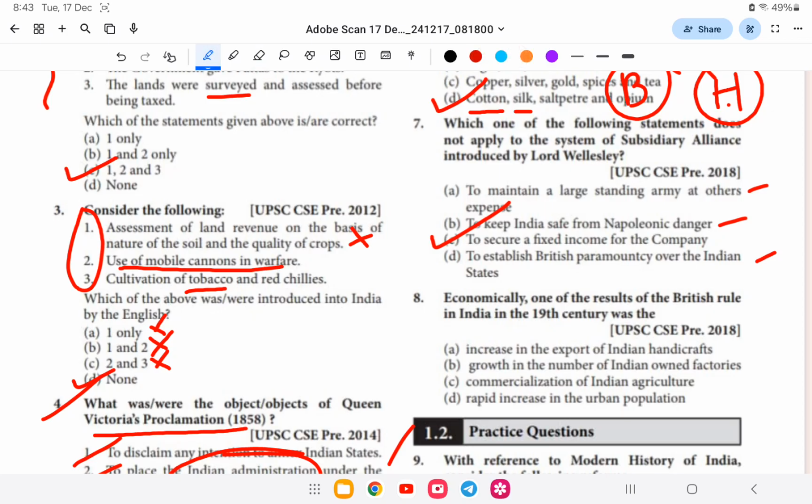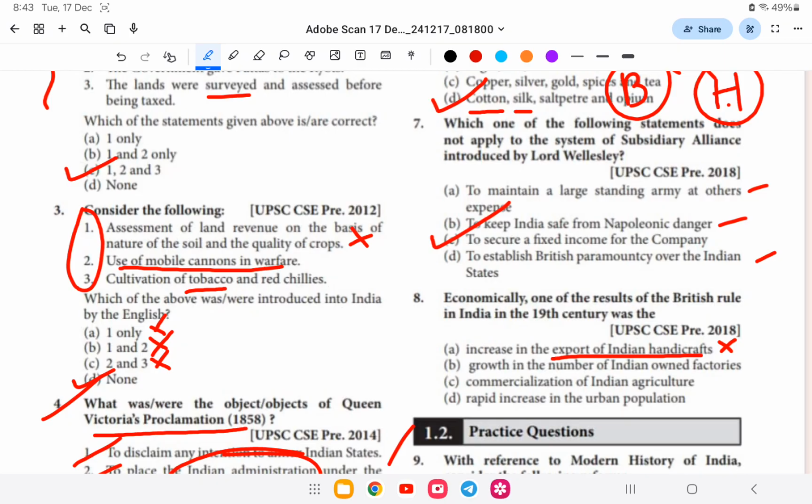Increase in export of Indian handicrafts is wrong, because Indian handicrafts were completely destroyed as factories came, textiles became cheap, and British goods were sold in India. That means Indian handicrafts were demolished. So A is wrong.